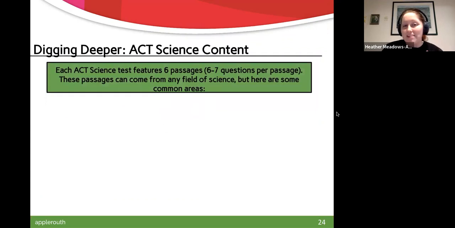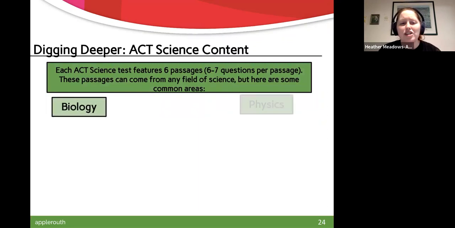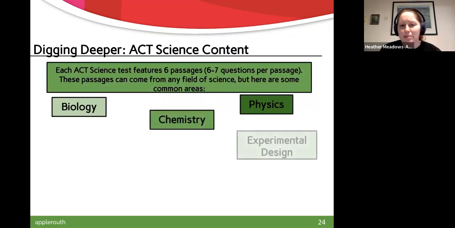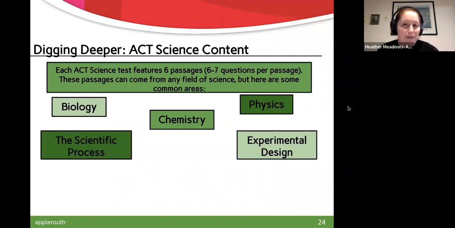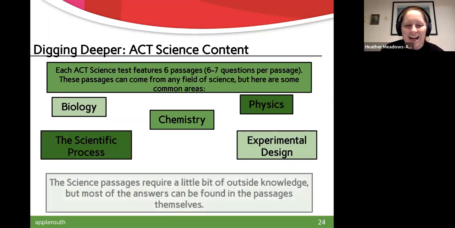You get about 6 passages per test. They can come from any field of science, but here are some common areas: biology, physics, chemistry, your typical stuff. Experimental design, by that we're talking about different ways we set up experiments. The scientific process, so the stuff that your student should be familiar with: hypothesis, independent and dependent variables, all that good stuff.